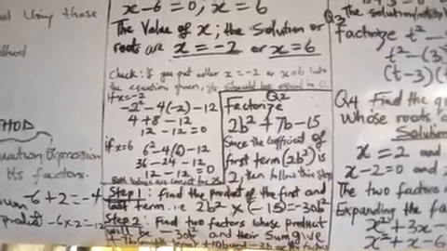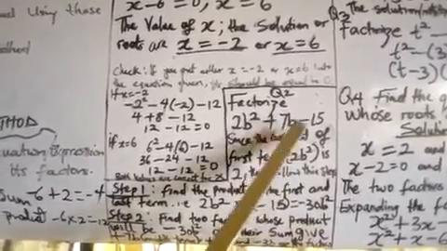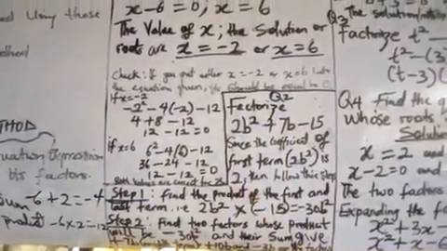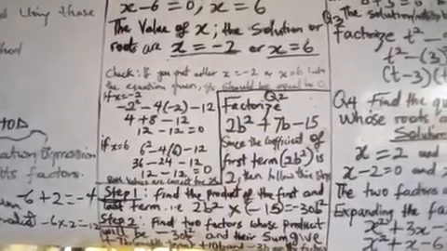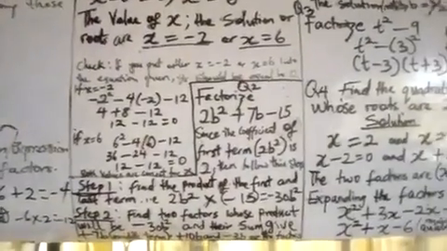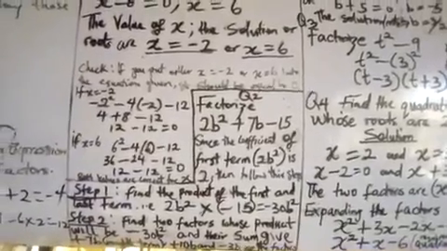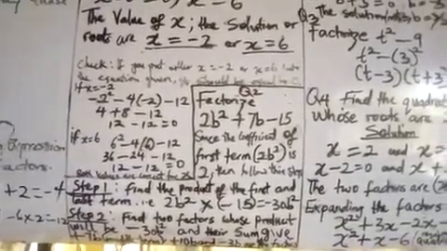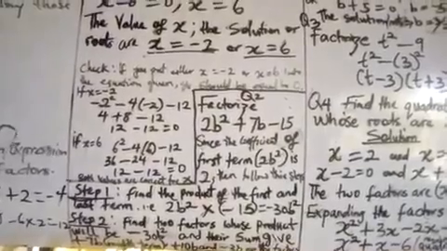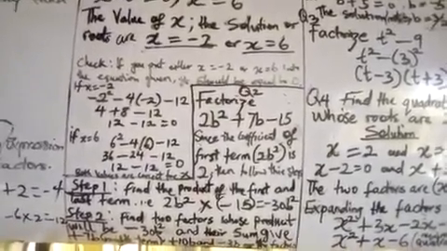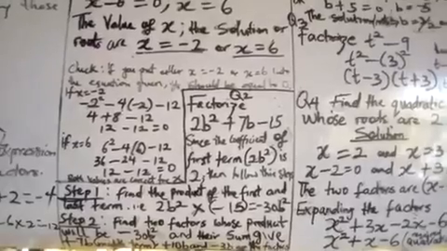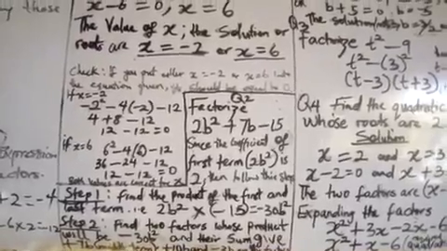The second step is for you to find the two factors whose product will be minus 30b squared, and their sum will give us plus 7b. What are the two factors whose product will give you minus 30b squared, and whose sum will give you plus 7b, which is the middle term? The two terms that we could use are positive 10b and minus 3b.